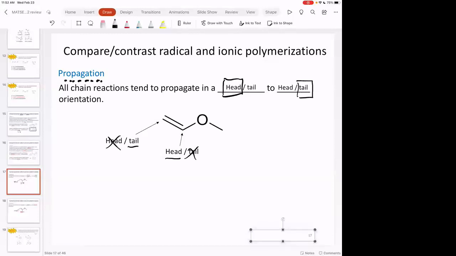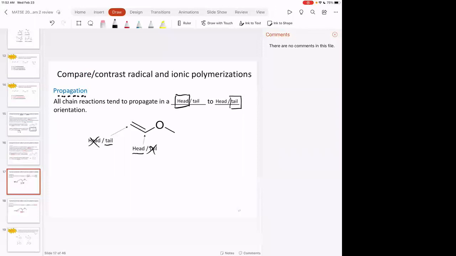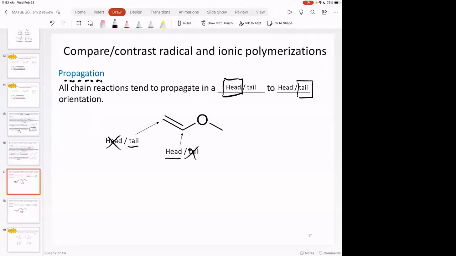And so if we think about the active center, say in a growing chain of styrene, this radical can be delocalized by resonance, right?